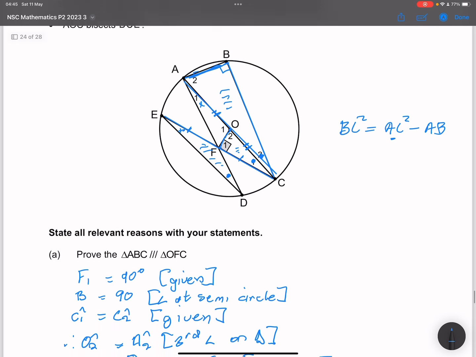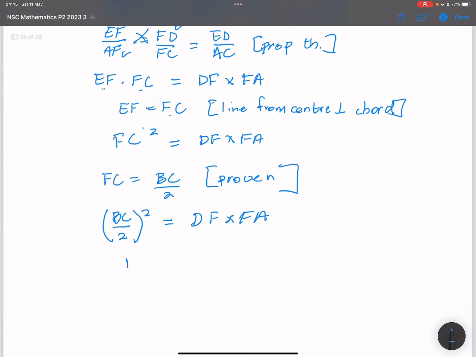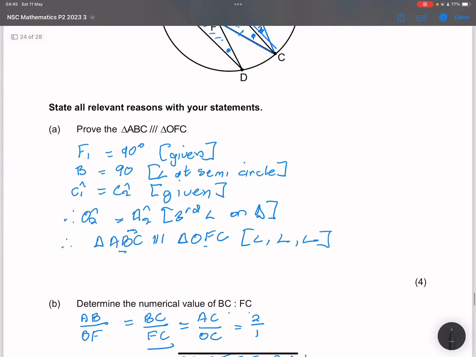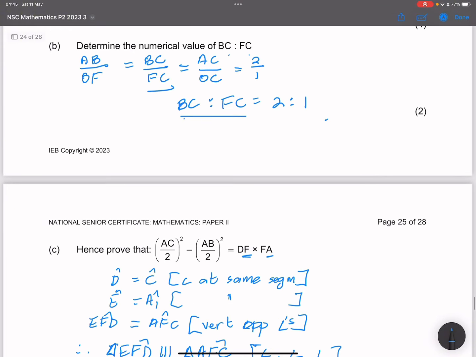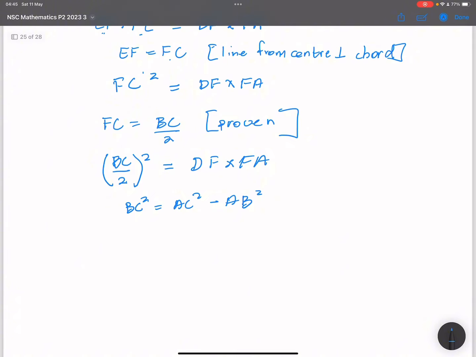So we can replace that and say BC squared is equal to AC squared minus AB squared. So that is our BC squared, and we can replace that at the top. That's Pythag.